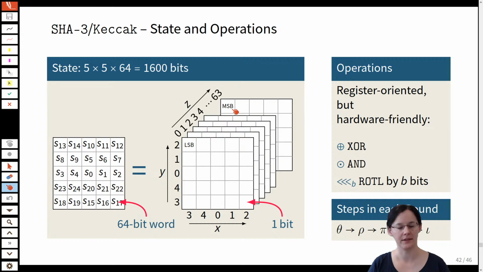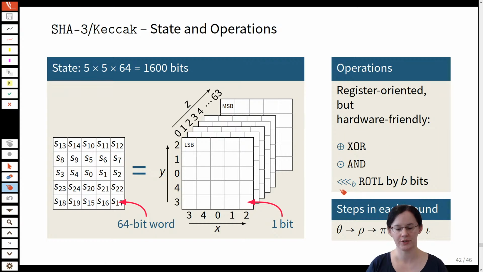And the operations that it uses are thankfully, from a mathematical perspective, quite a bit easier than in the AES. So there are no strange matrix multiplications or so over some finite field, but it simply uses XORs, ANDs, and rotations.